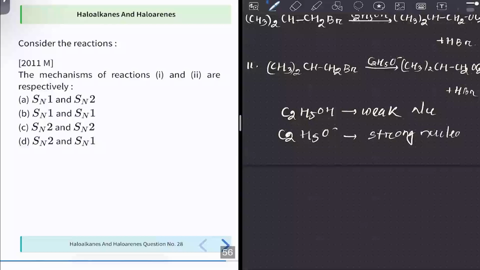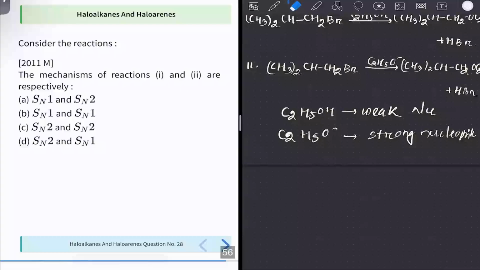For an SN1 reaction, we do not need the direct involvement of the reagent, so a weak nucleophile will be sufficient to go through the SN1 reaction. But in an SN2 reaction, there is direct involvement of the nucleophile, so you have to use a strong nucleophile.